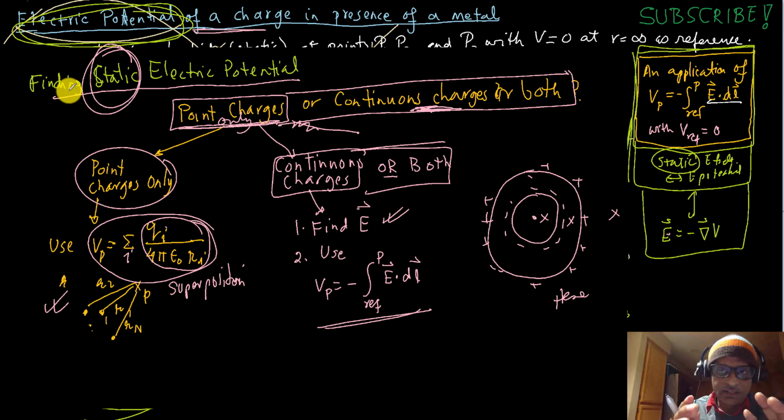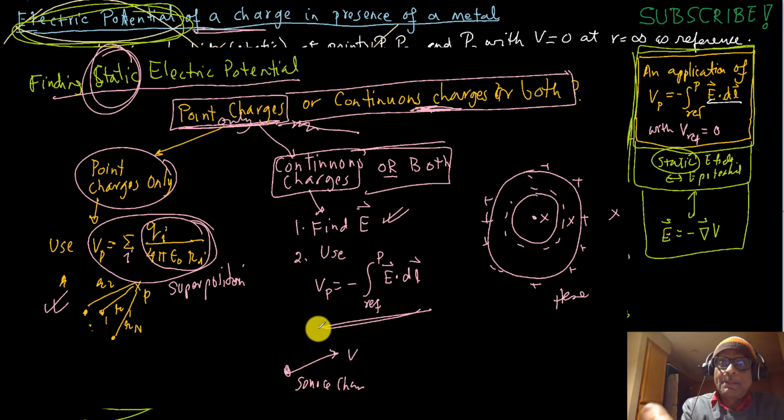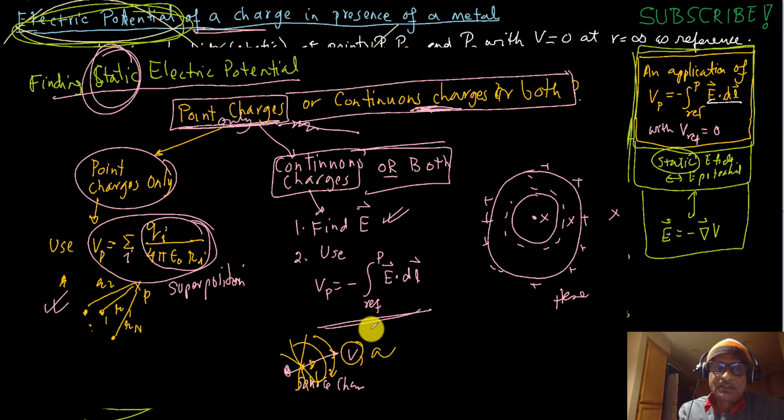If the situation is dynamic, say this was the source charge, and it was moving with a speed v, say even accelerating, then because it's moving, not only do you have electric field, you also have magnetic field generated by the moving charge.